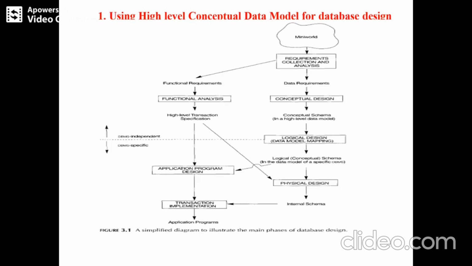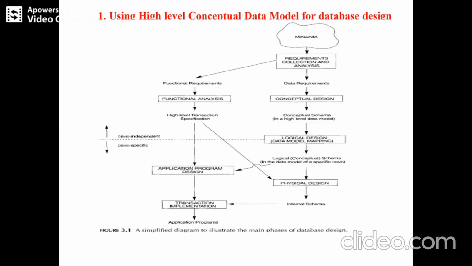Seeing this diagram will give a clear picture about the different phases of database design. The entire design can be divided into two major sections. First one is designing of a database, which is considered as a backend component.